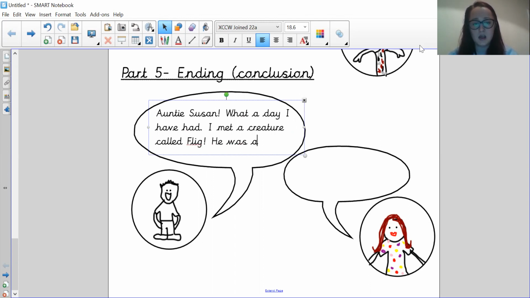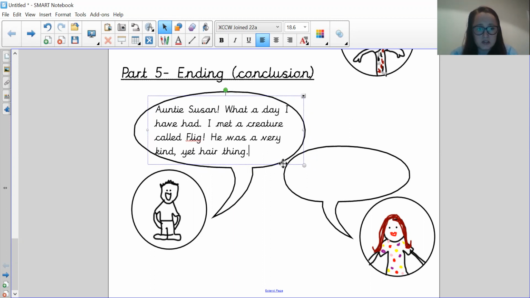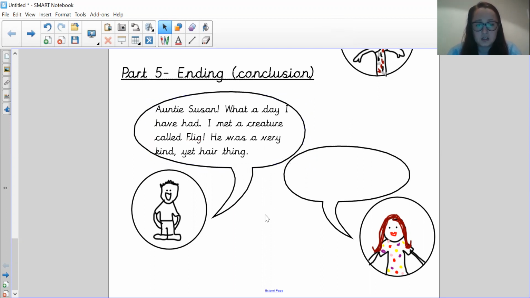He was a very kind, yet hairy thing." I'm going to put in a hairy thing, so I popped that in there. It's a bit of a squish, this one. Doesn't matter. So that is my piece of speech from Stanley to Auntie Susan.